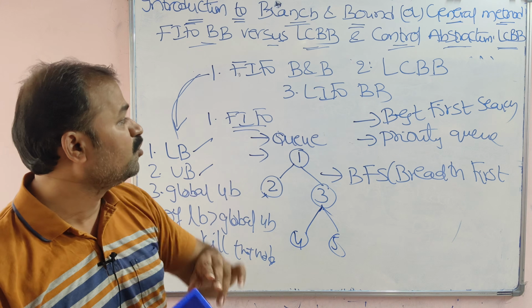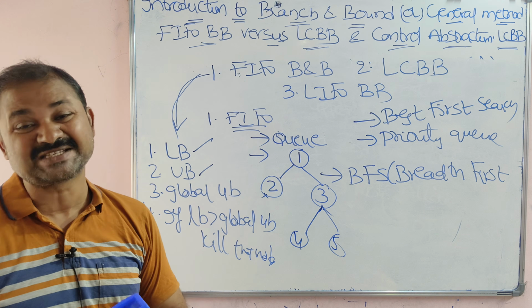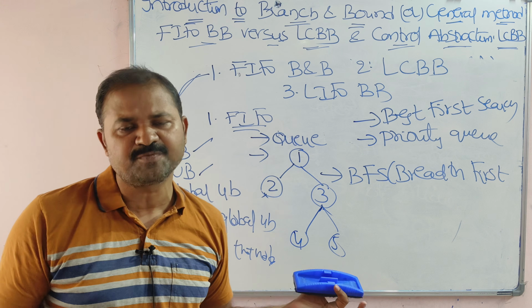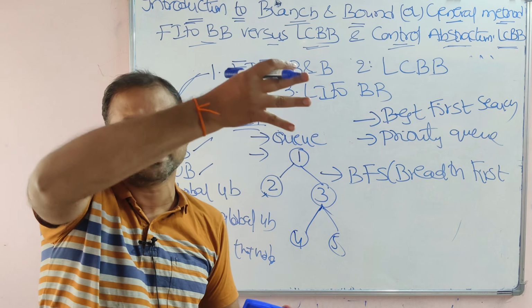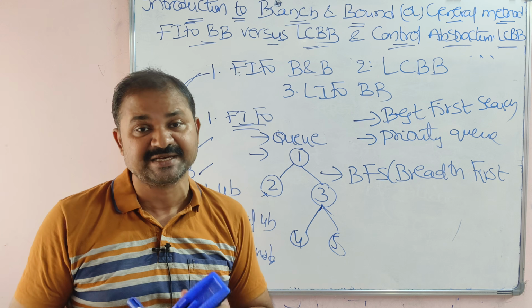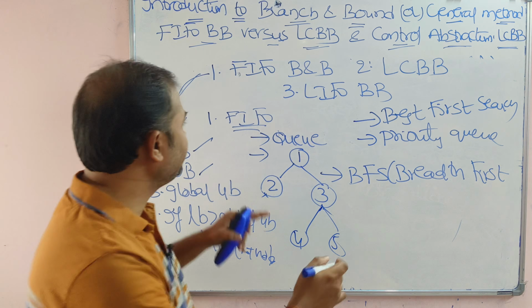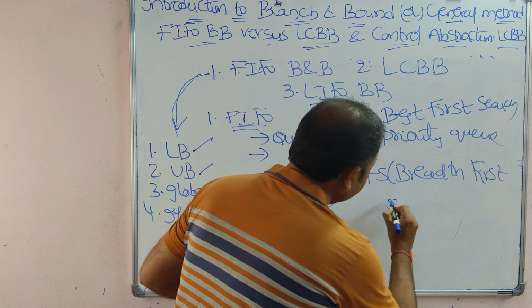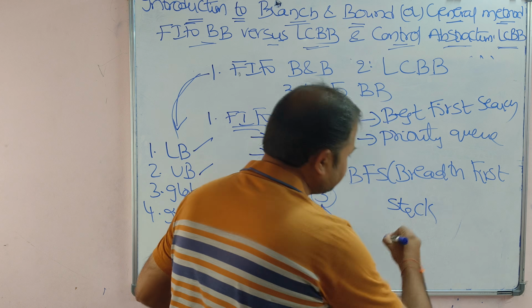Now let's see the LIFO approach, last in first out. For which data structure do we use the LIFO policy? Stack. So LIFO means we use a data structure called stack.